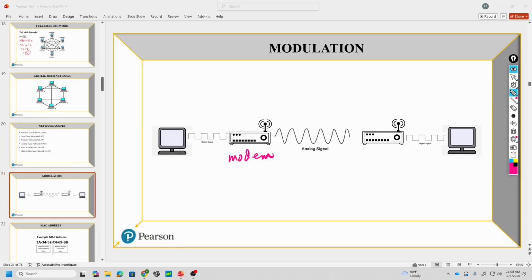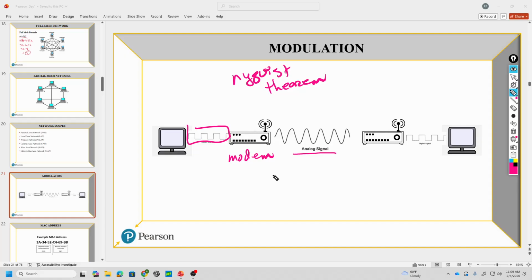It would take a sampling of the digital signal, use the Nyquist theorem, calculate those bits, and convert them into symbols, and those symbols would equate to this analog signal.